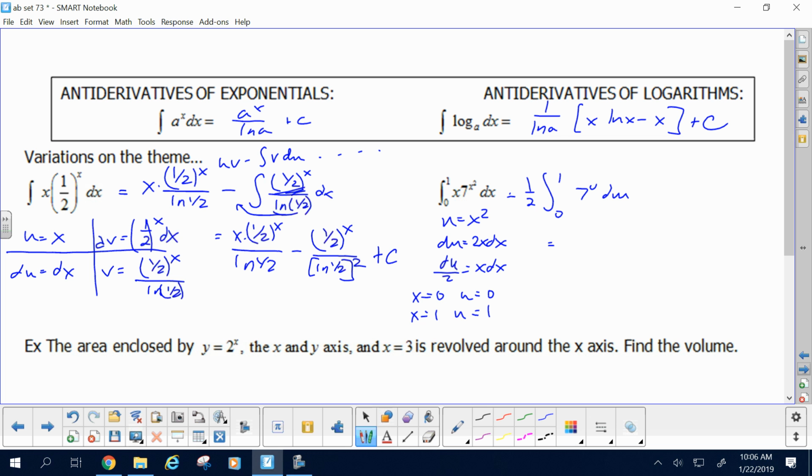But you pick up 1/2 along the way as a byproduct of that 2x derivative.